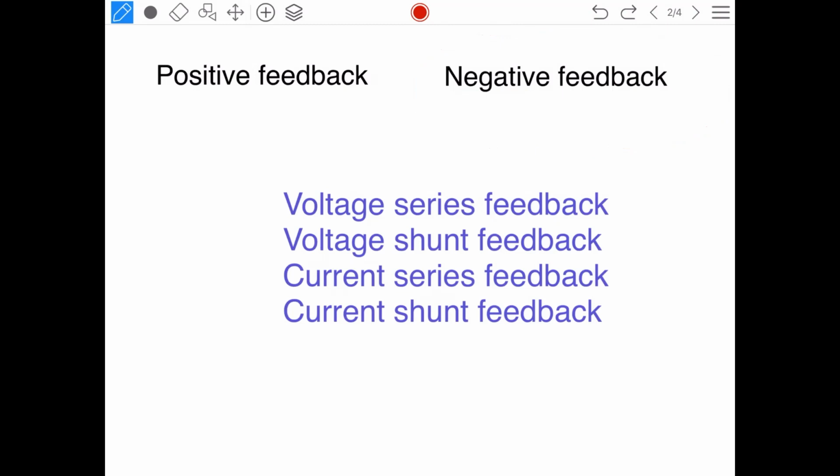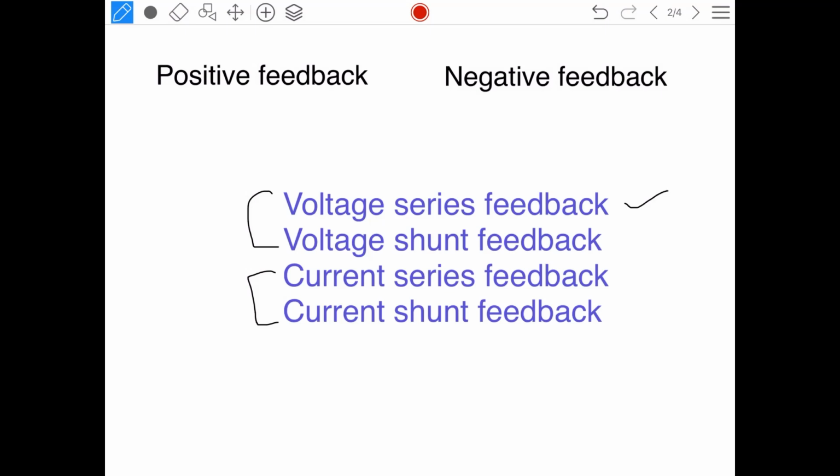So as I told you, there are two types of voltage and two types of current feedback network. If the voltage is fed in series to the supply, we call the circuit voltage series feedback.